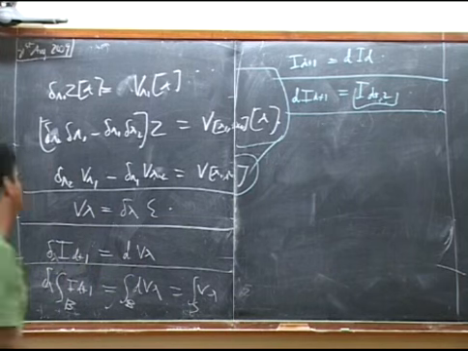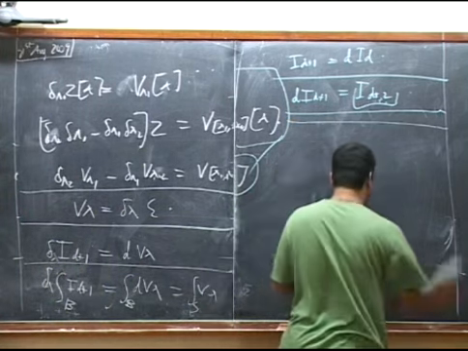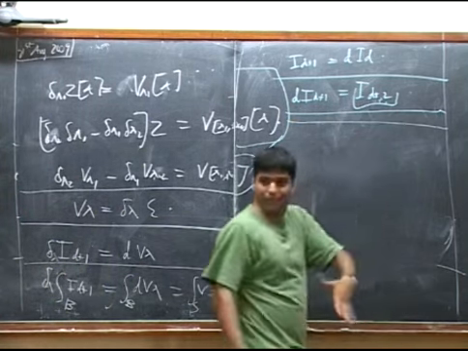The relationship between this d plus 2 form and the d plus 1 form goes like this: d I d plus 2 is equal to d of I d plus 1, and delta of I d plus 1 is equal to d of v lambda.